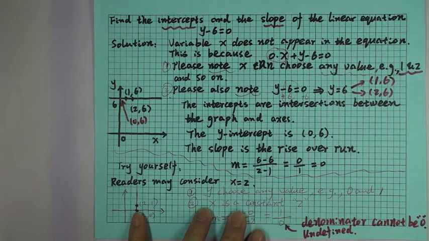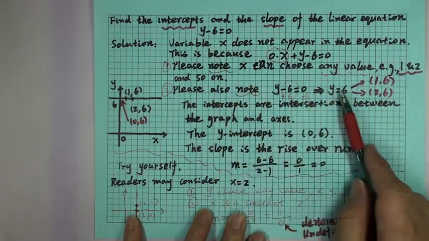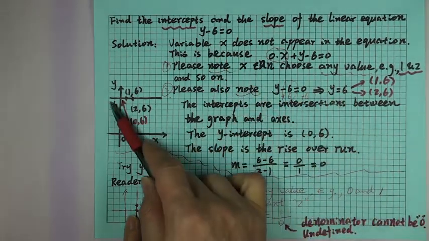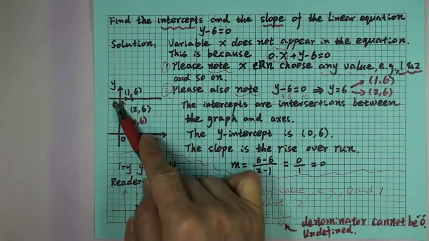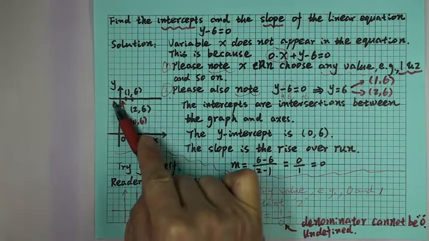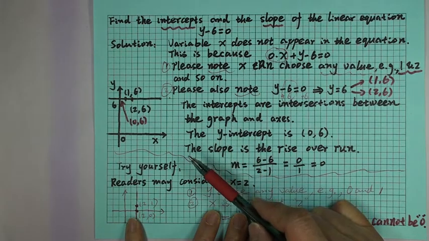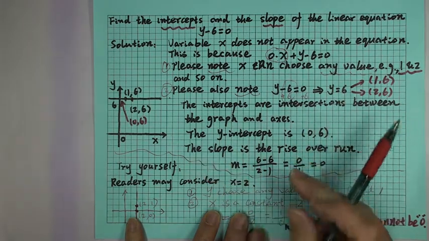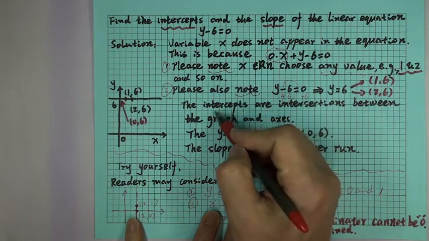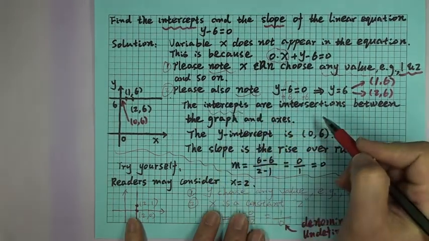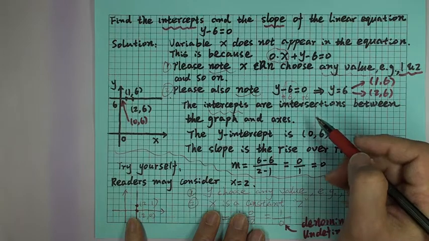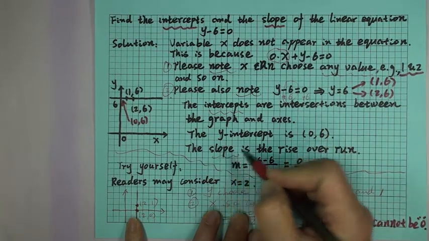Alright. So we can see this line, y is a constant, is a horizontal line because y is 6. Now we need to do two things. One is the intercept. Another is the slope.